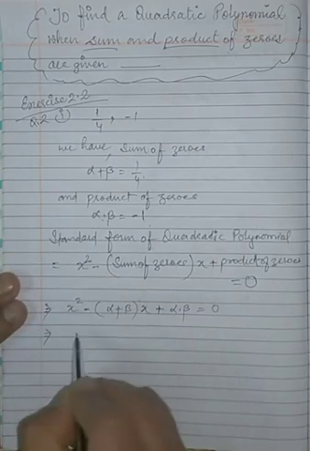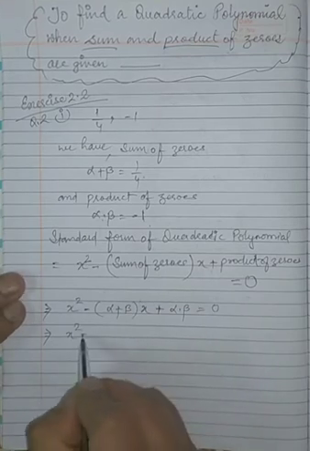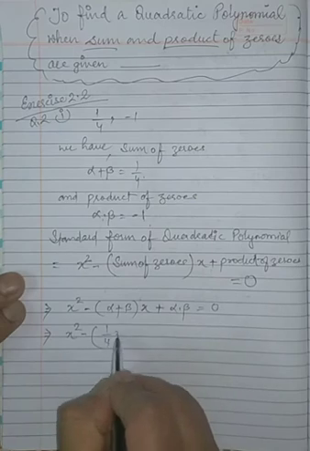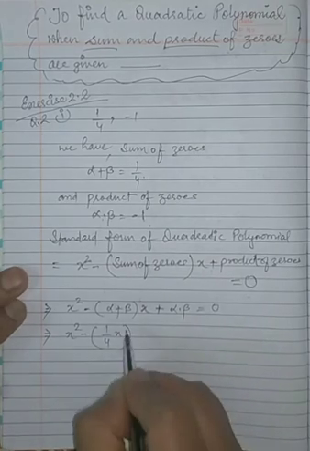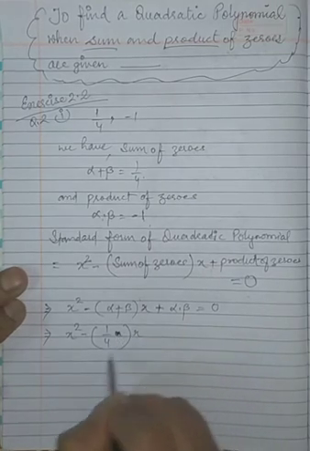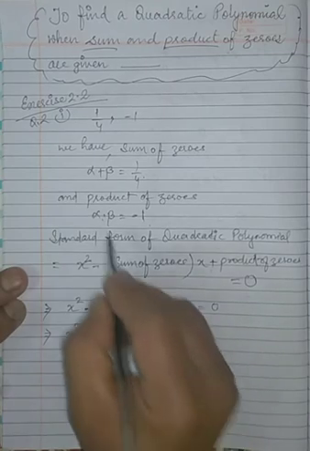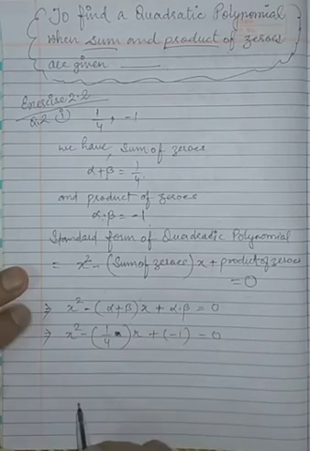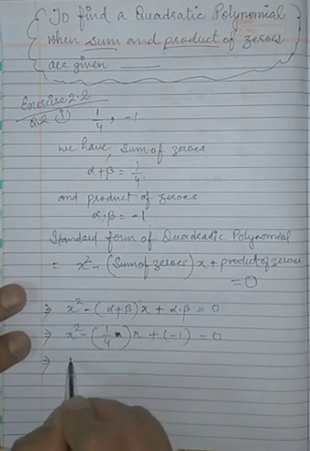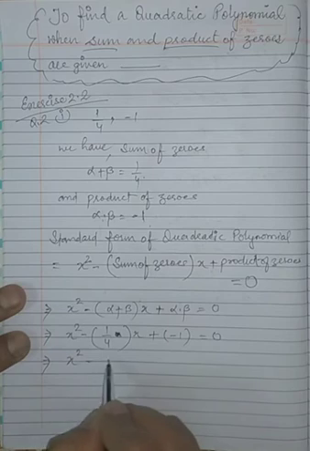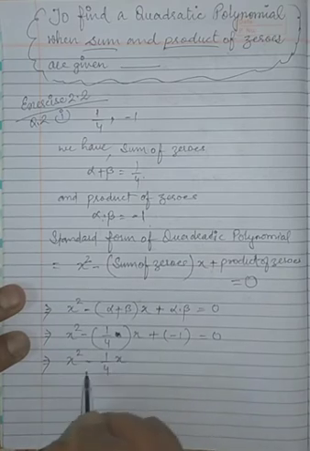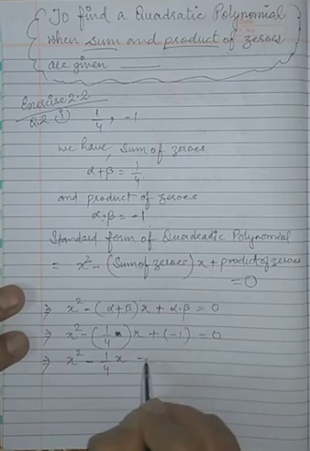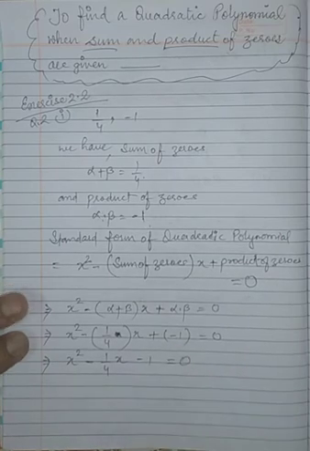That implies x square minus alpha plus beta, we have 1 by 4, x plus alpha into beta, minus 1, equal to 0. That implies x square minus 1 by 4 x, or we can write x upon 4, plus minus 1 is equal to 0.